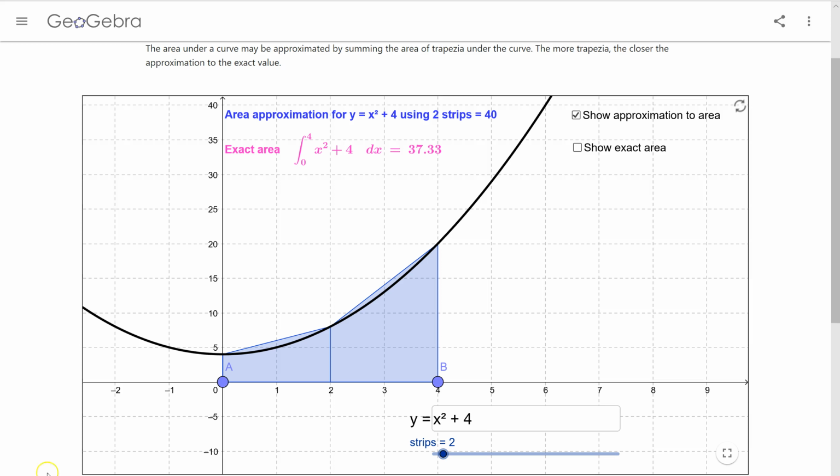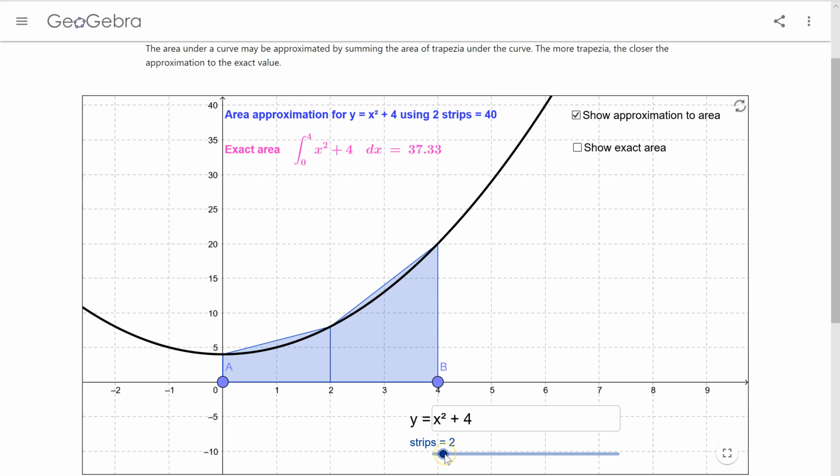Now, here's a GeoGebra simulation of the trapezoidal rule. So here you can see that I've broken it into two trapezia. And already you can probably pick up that that area of overestimation is smaller.